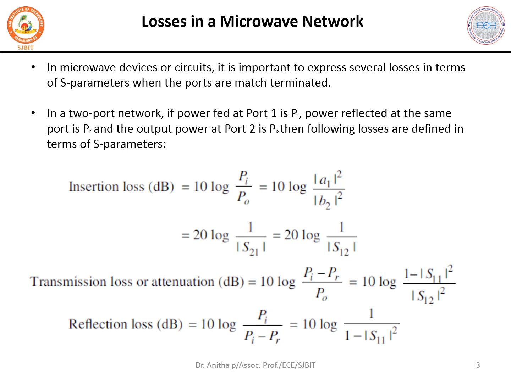We consider a load connected at port 2, and the power going to port 2 is considered as P0. If we consider such a system, then we can express the different types of losses like insertion loss, reflection loss, return loss and transmission loss.